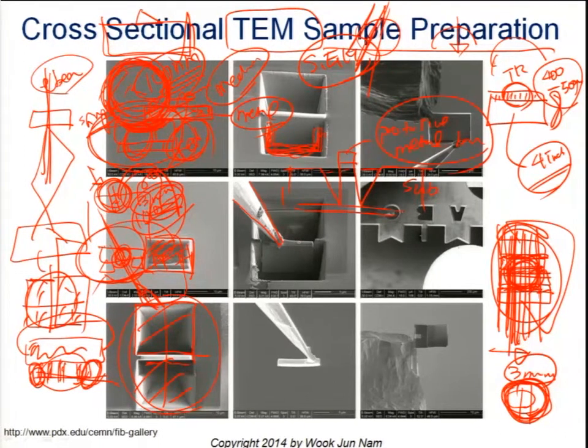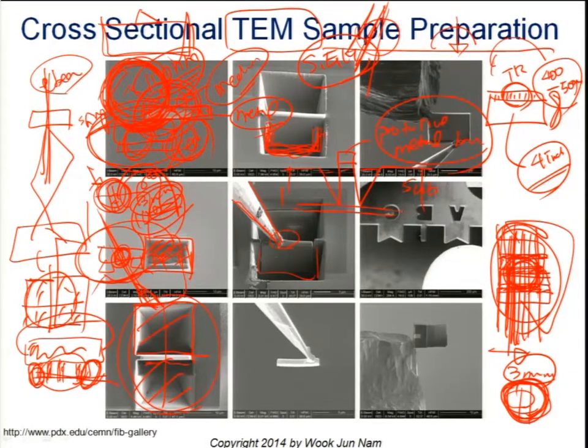And then at the next step, we deposit the same metal we used for the protective layer formation. By the metal deposition, we can connect this thin piece of the sample with this omni probe.